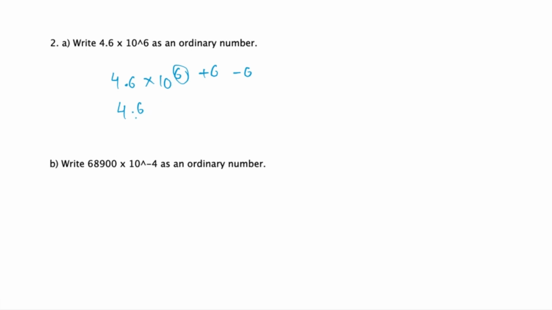In this case it's positive, so we move it 6 times to the right. So 1, 2, 3, 4, 5, 6. Boom, the decimal place will be here. And then fill the rest with zeros. And there you go. That's your answer: 4,600,000.